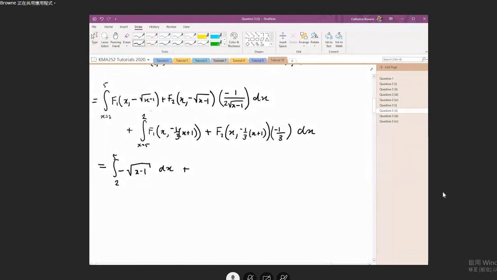So I get minus x times minus 1, so plus x on 2 root x minus 1. I think I got confused because I already put the dx there. That looks like a du, but it should be a dx.